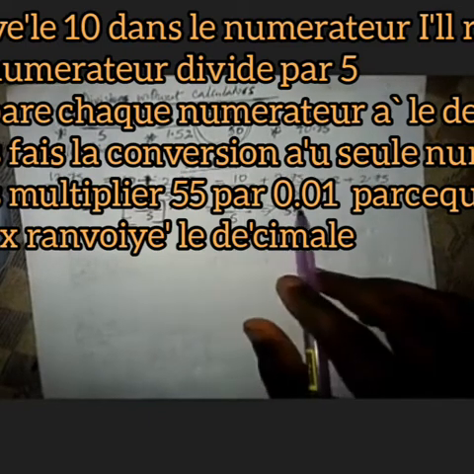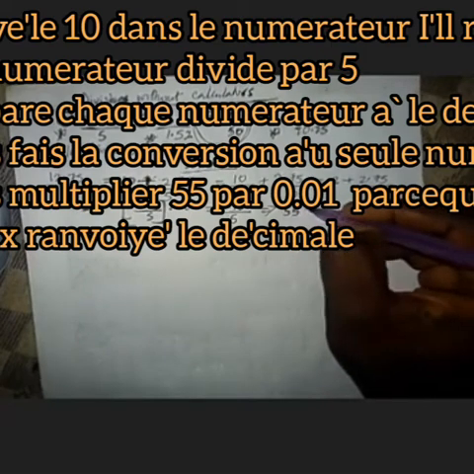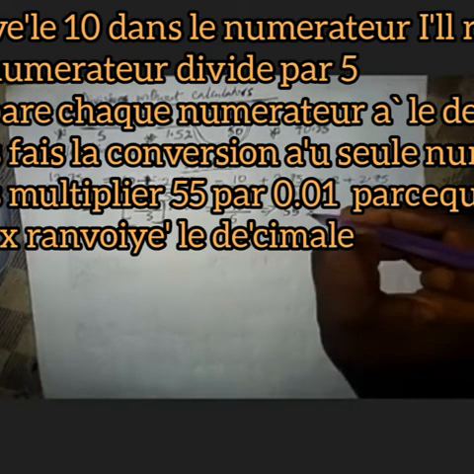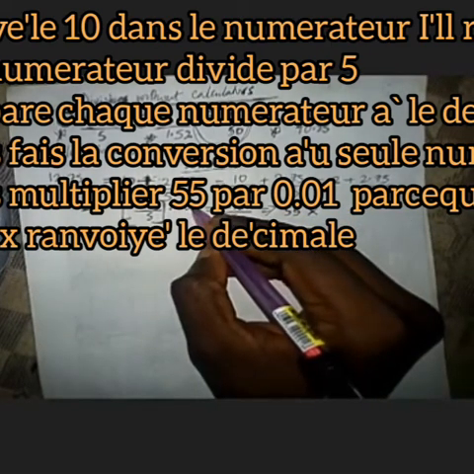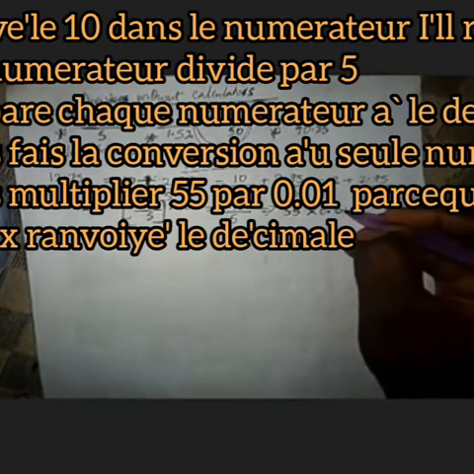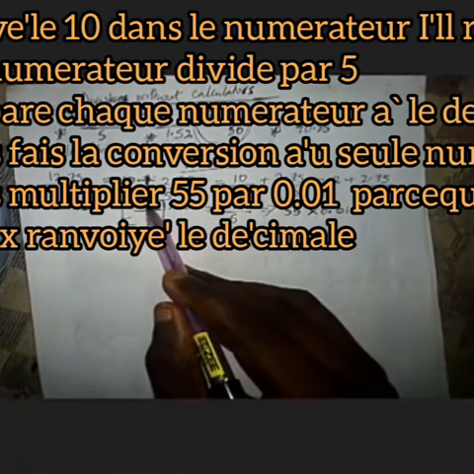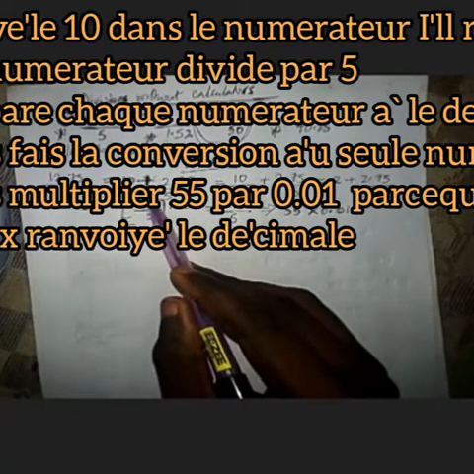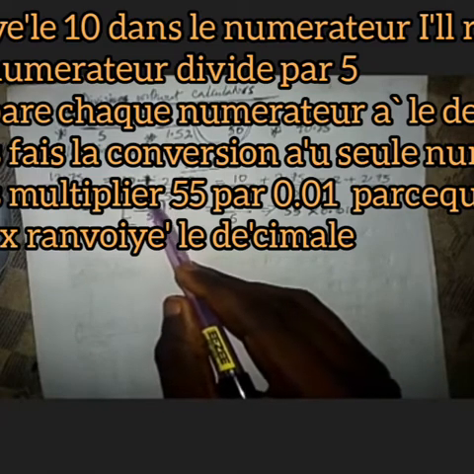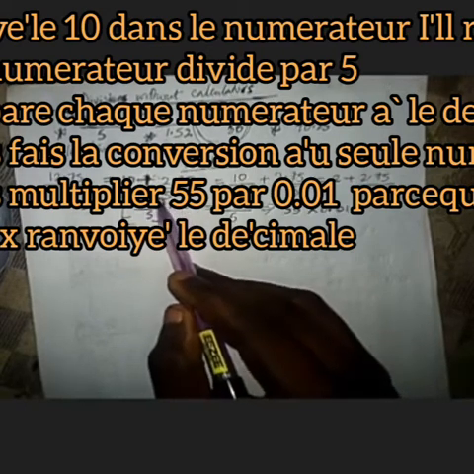So that's the answer, 55. So we now multiply by 0.01. The reason for doing this is because I want to return the decimal back. I took the decimal twice to the front, so I want to return it back.